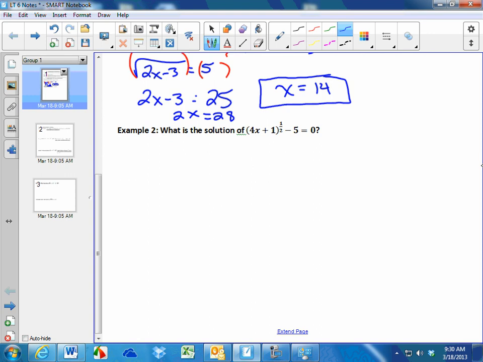First step, isolate the square root that you're visualizing by adding 5. So we get parentheses 4x plus 1 to the 1/2 equals 5. In our mind, that's a square root. It's isolated. So we square both sides.